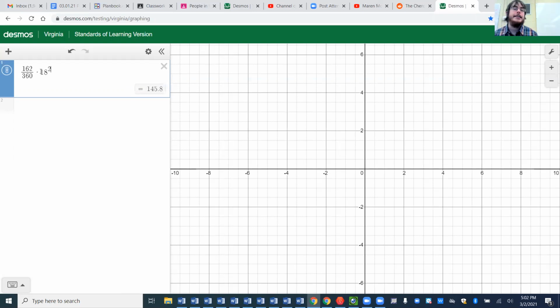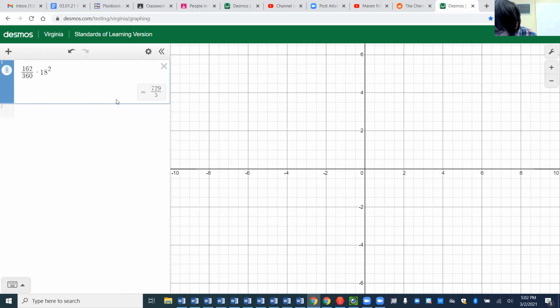So technically that's an exact answer. But remember, we can simplify this into the appropriate fraction. If we click this button here, it will simplify our decimal into the most simplified fraction. So your simplified fraction would be 729 over 5.